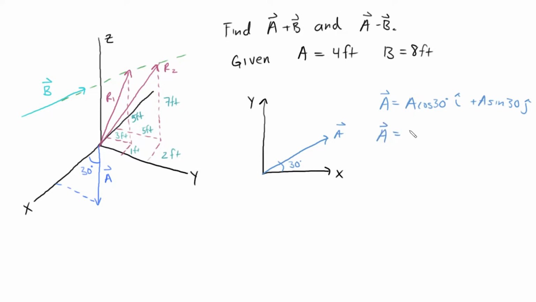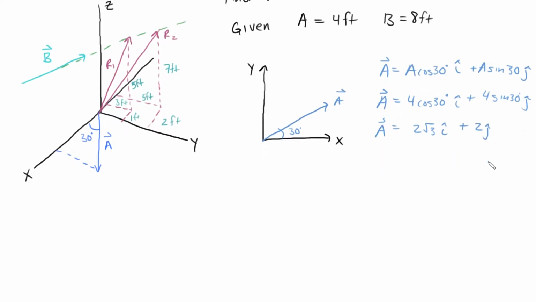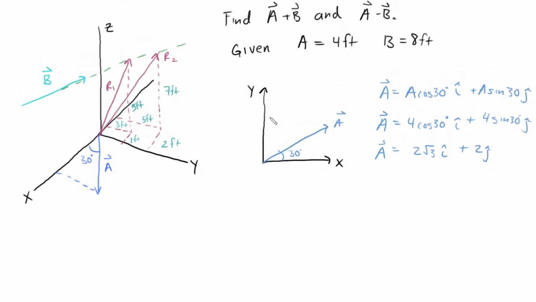So it would be 4 cosine of 30 i plus 4 sine of 30 j. The cosine of 30 is square root 3 over 2, which gives 2 square root of 3 i, and then this should just be 2j hat. We have the vector a defined by using trigonometry.